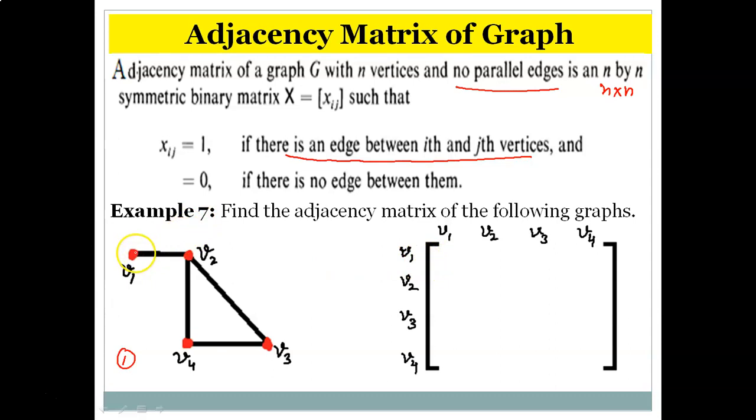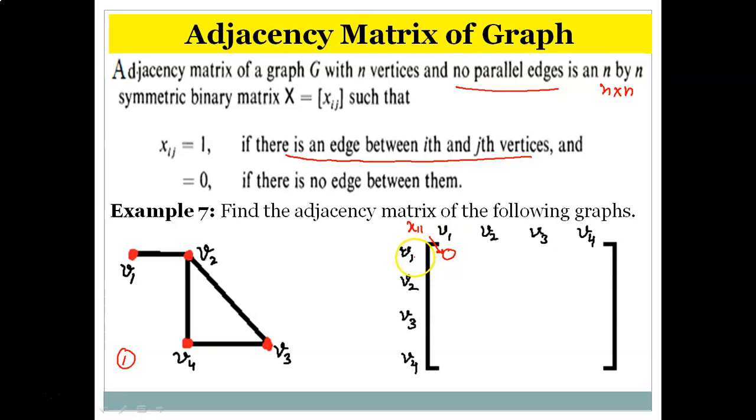From V1 to V1 there is no edge, because an edge from V1 to V1 would have to be a loop. This location is x11, first row first column, and there is no edge, so the value will be 0.